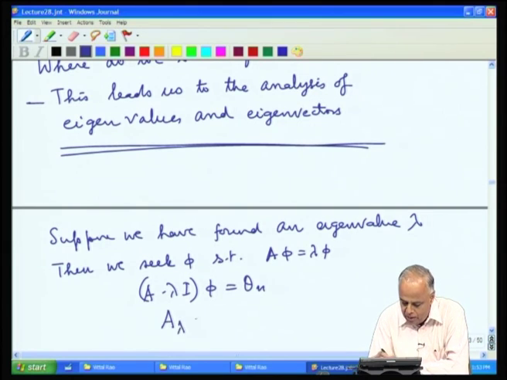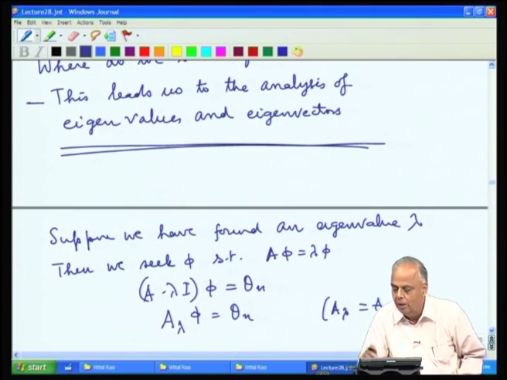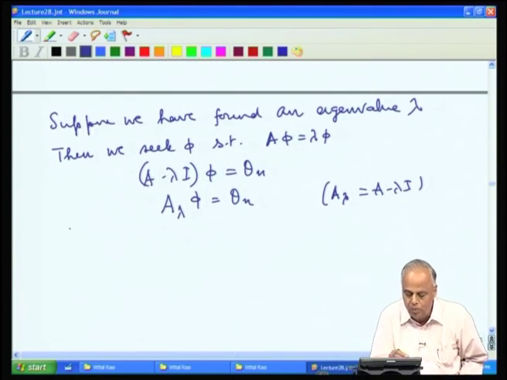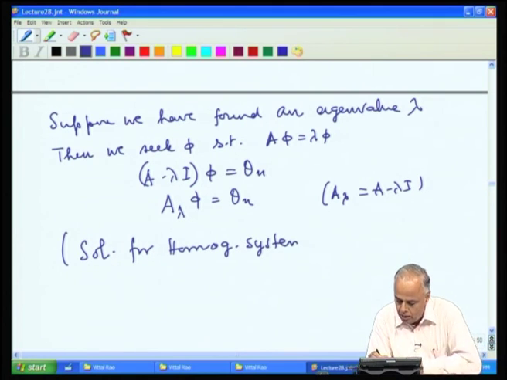If we call that matrix A lambda, which is A minus lambda I, then it boils down to finding the solution for the homogeneous system corresponding to A lambda.